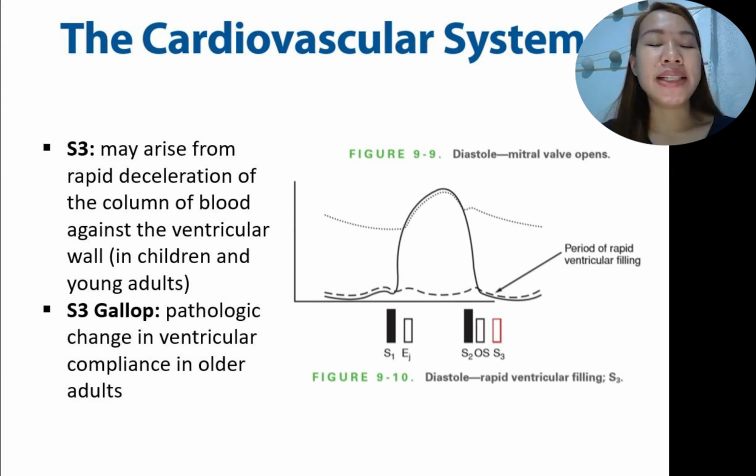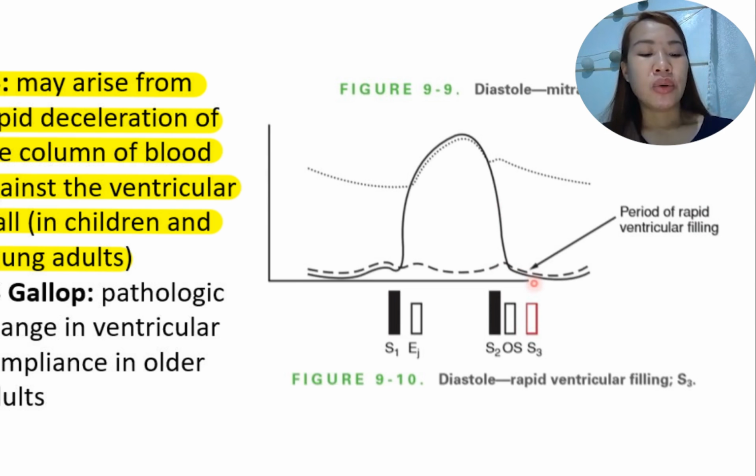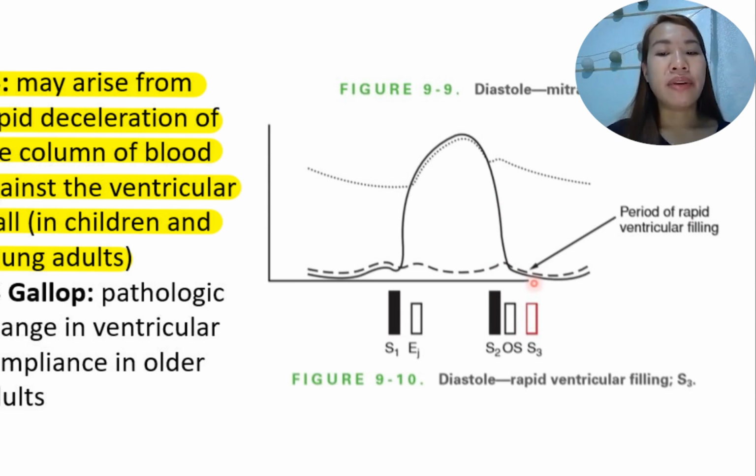Now we talk about S3. S3 may arise from a rapid deceleration of the column of blood against the ventricular wall, which occurs in children and young adults. So this is due to a period of rapid ventricular filling. There is rapid filling of the left and right ventricle, therefore it may cause S3.